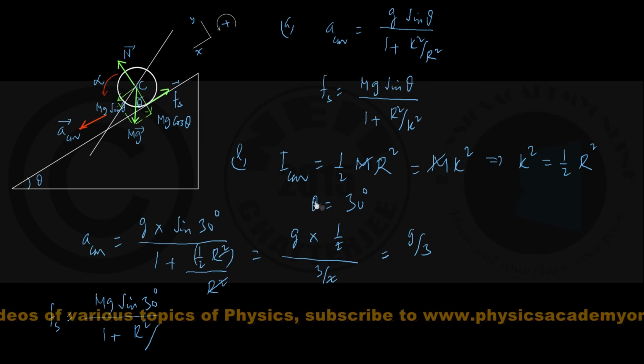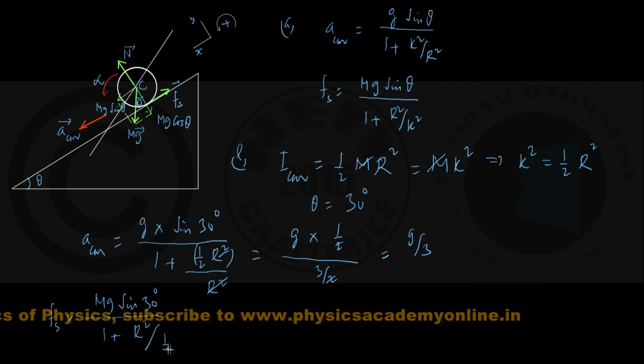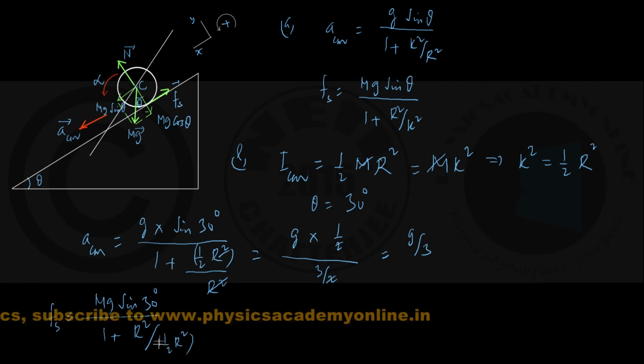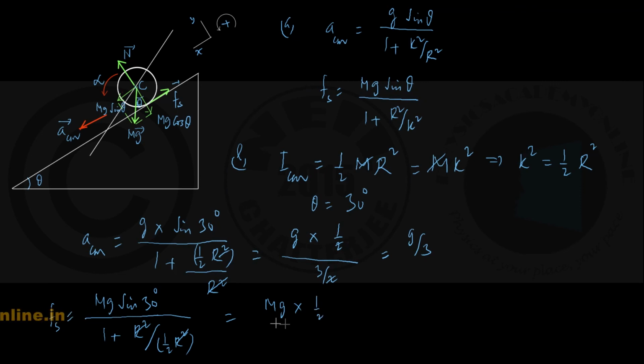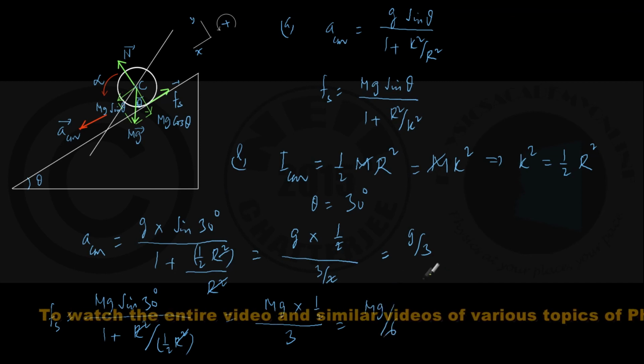Now k square for a uniform disk is half r square, so it is r square by half r square. And once again r square cancelling out, we have m g sine 30, which is half, divided by 1 plus 1 upon half, that is 1 plus 2, which is 3 in the denominator, and this is mg upon 6. So we have got the answers for this part B as well.